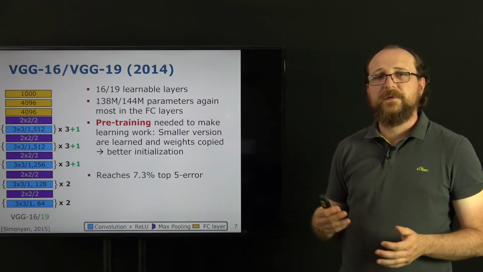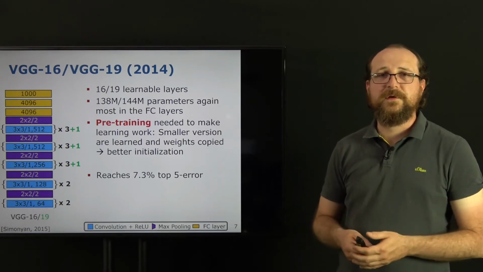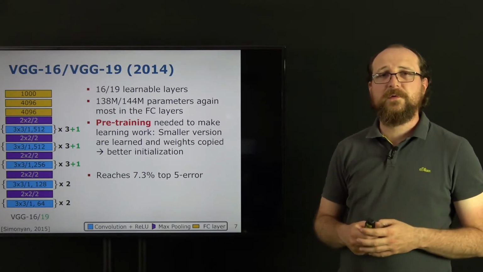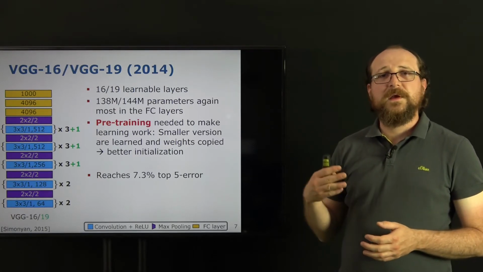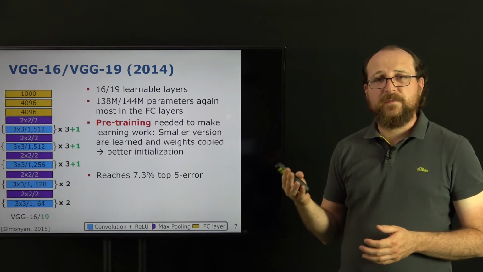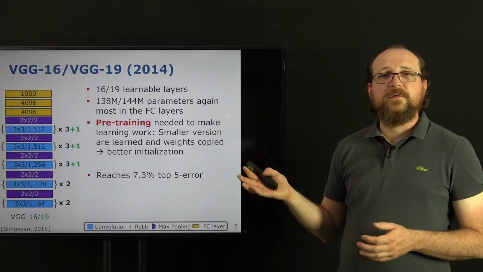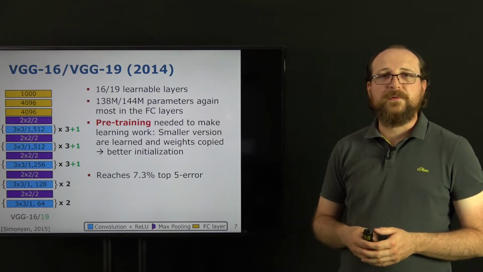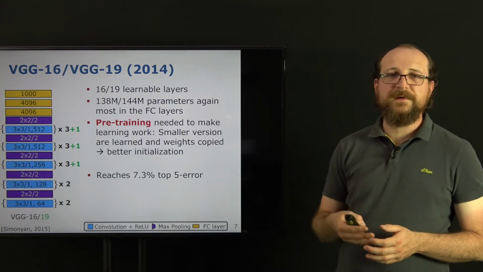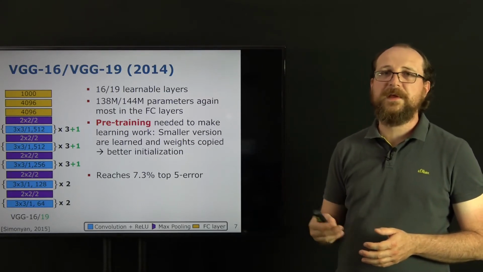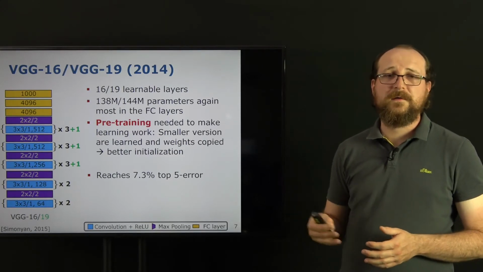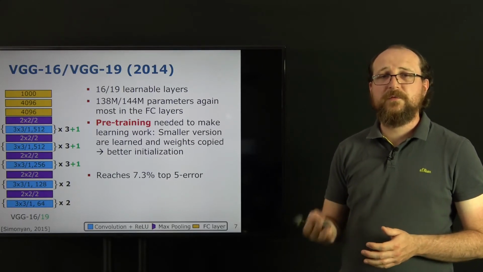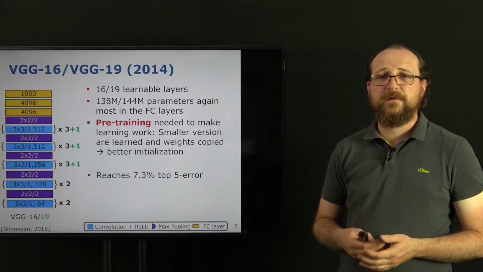So for this they are using a pre-training strategy: just using smaller networks and training them until convergence, and then using the weights that they got from this to initialize the weights of the larger networks. So they're basically copying the weights, and then they have only some layers left that are uninitialized in the end, and that they trained on top of this. And this reaches already a top 5 error of 7.3%.